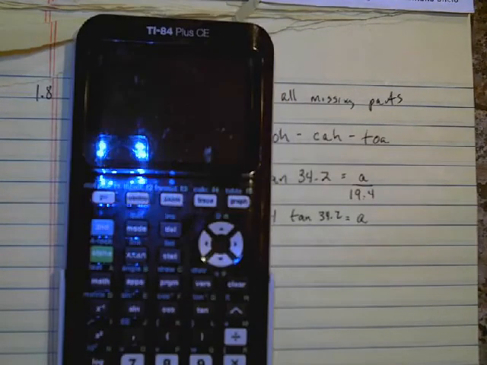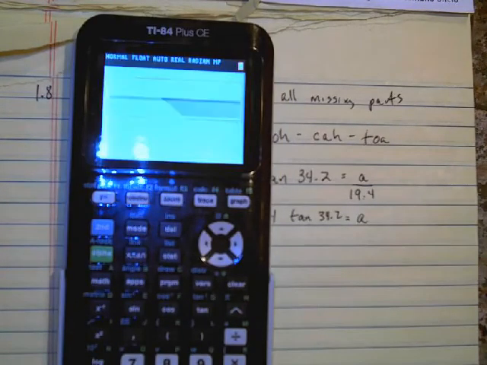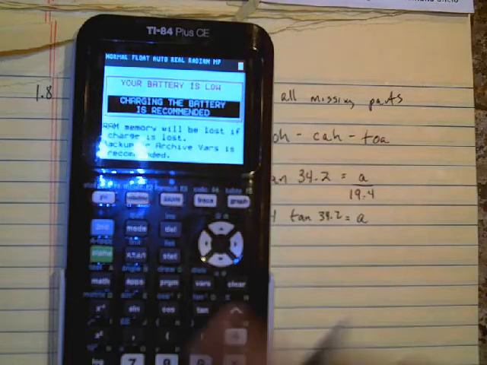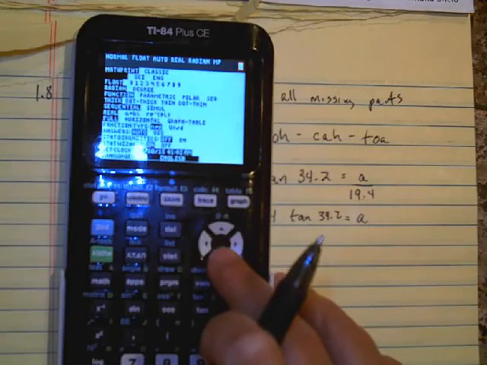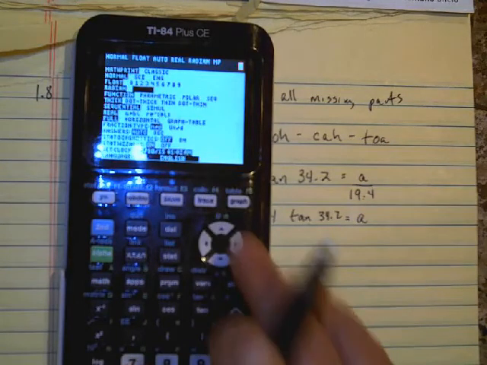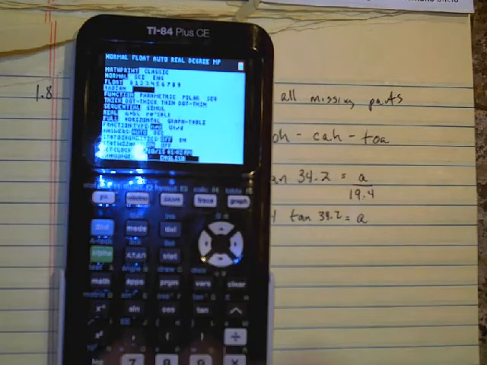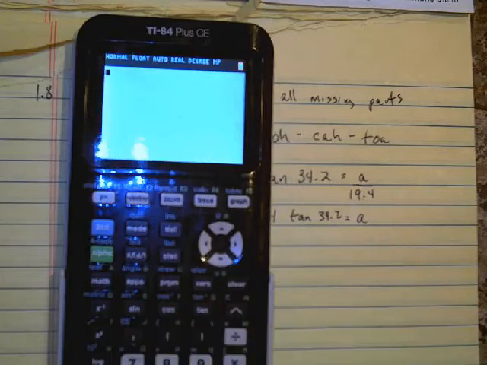This can be done with the TI-30 as well. You don't have to have a graphing calculator. So I'm going to go to mode and make sure that I'm in degrees, and right now I'm in radians, so I'm going to switch that over. Then I'm going to hit clear so I can go back to the calculator.